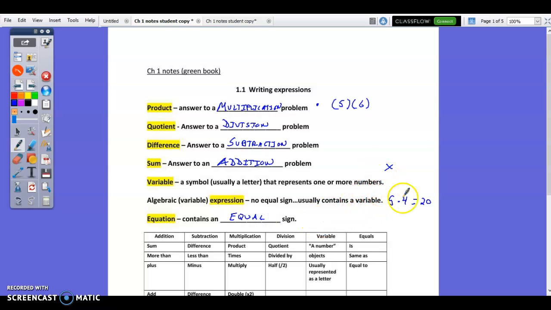So if I ask you between these two examples, if I have 5 times 4 or 5 times x equals 7, this would be an expression. This would be an equation. And again, because it contains an equal sign.